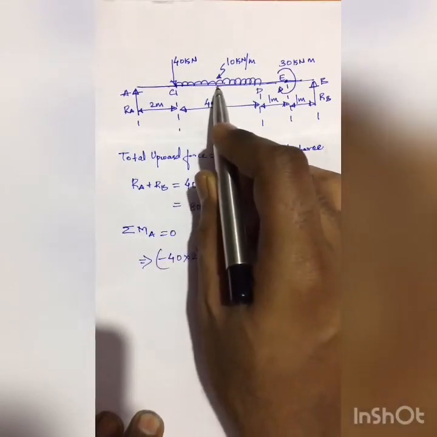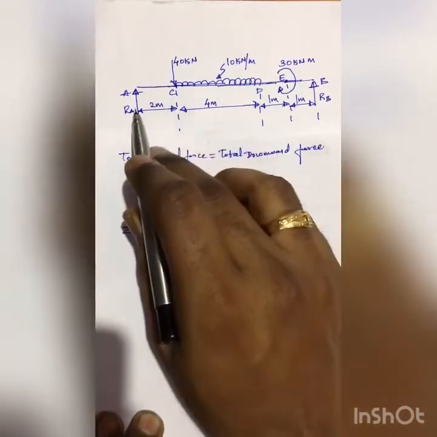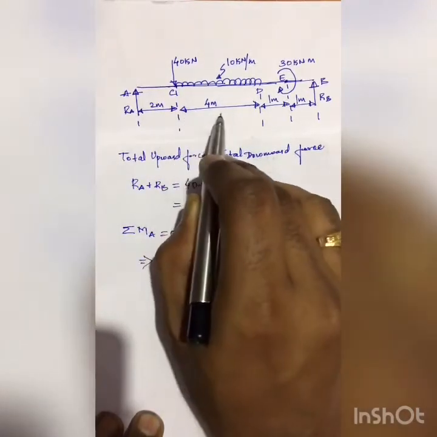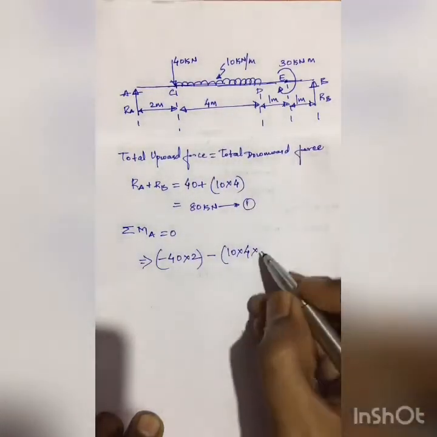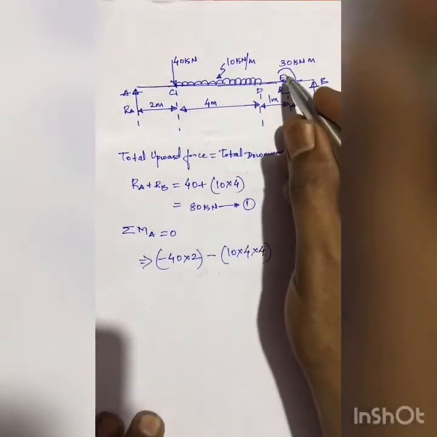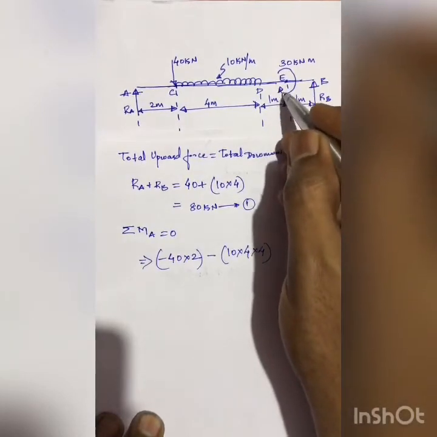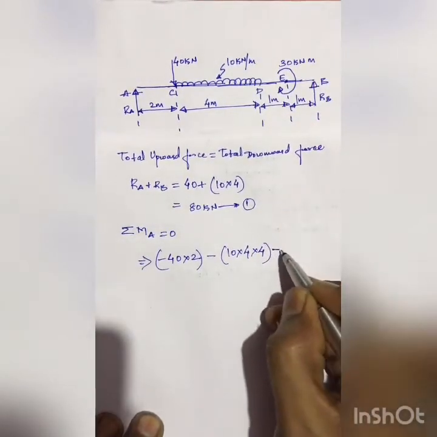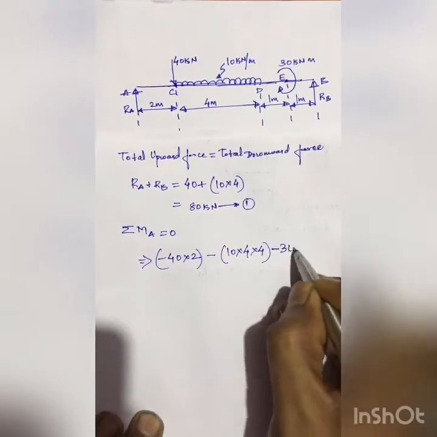So the distance from point A is this 2 plus this 2, that is 4 meters. Next, I have this clockwise bending moment, which is given directly, that is minus 30.